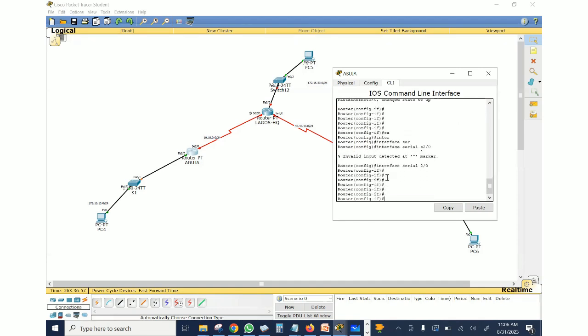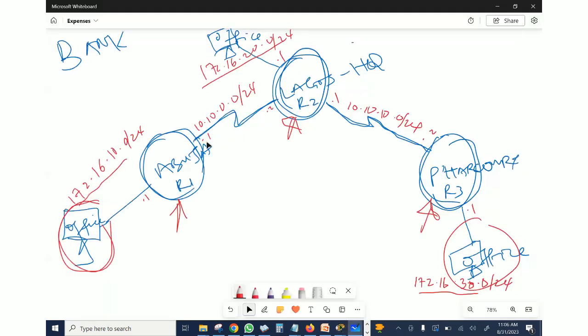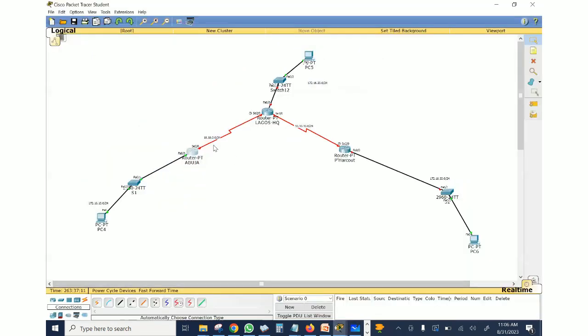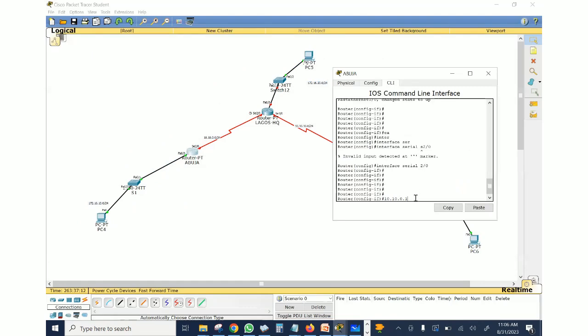Okay. So the IP address is 10.10.0.1. Okay, from the diagram, I said you are giving it .1. I'm giving it .1, you are giving it .2. So let's go back. Sorry, I didn't put IP address.